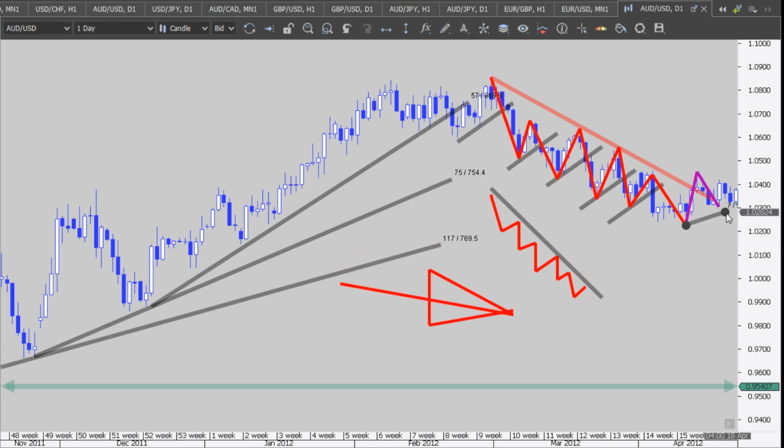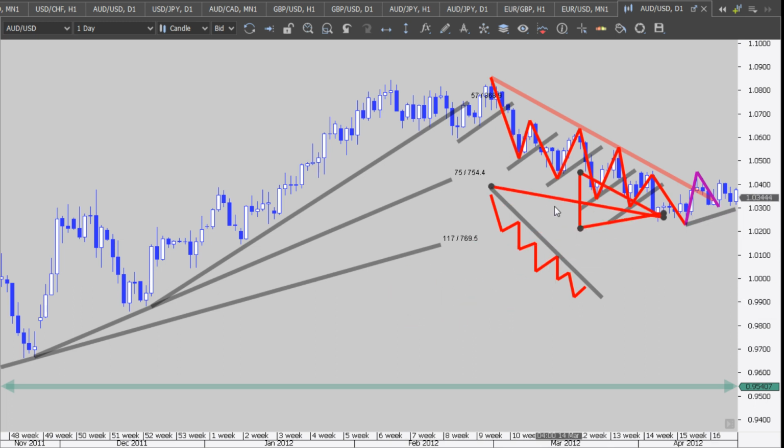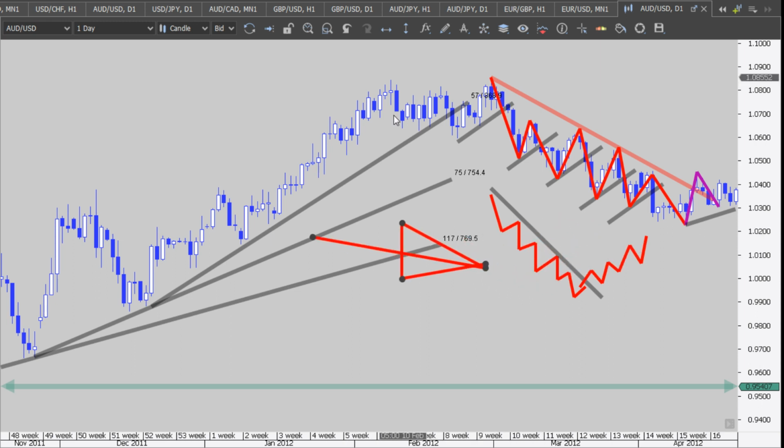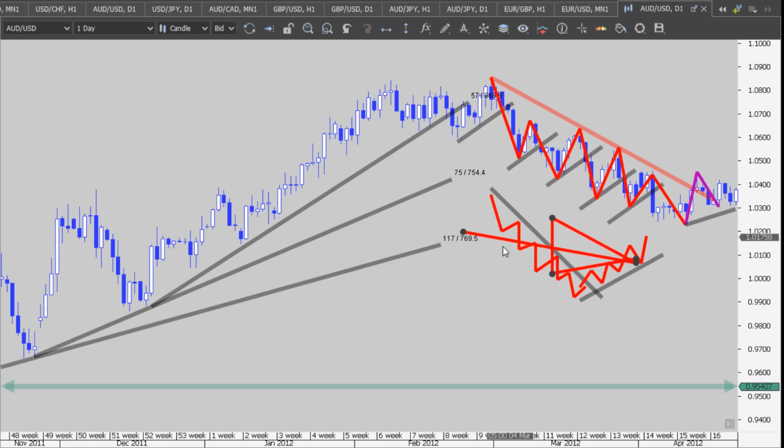We are going to draw a counter trend line on the retracement, because we are going to expect a retracement, right? And by rule, retracement must not be bigger or longer than the extension.